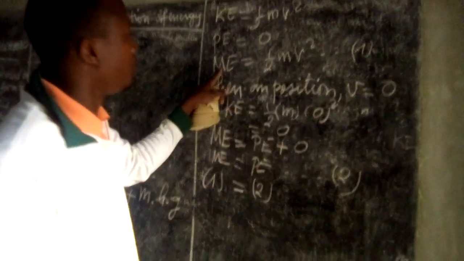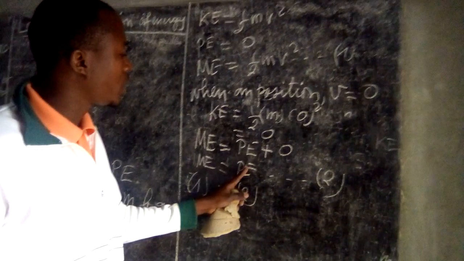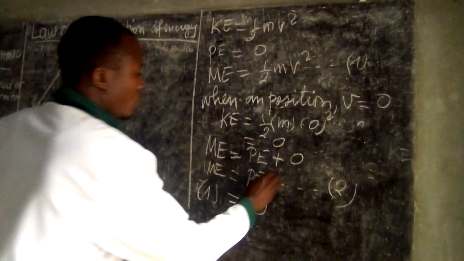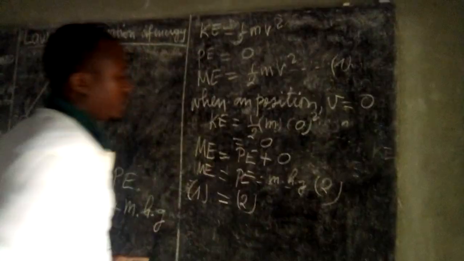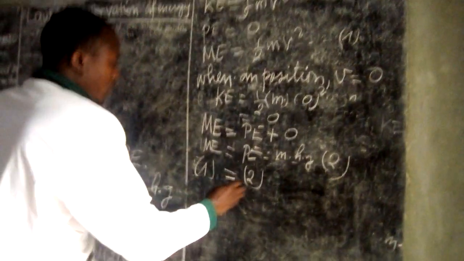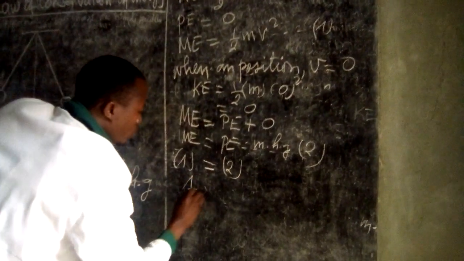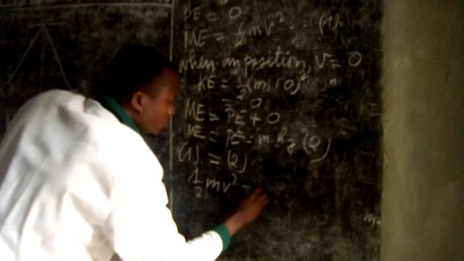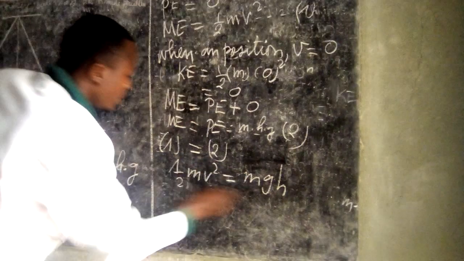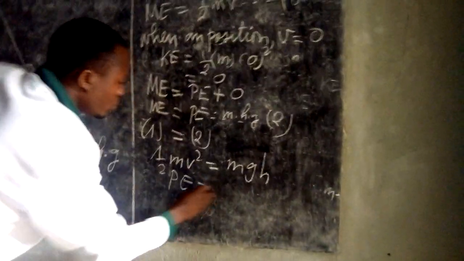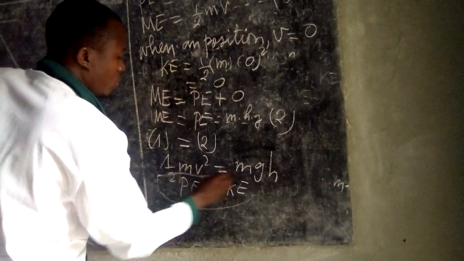Equation number 1, mechanical energy equals 1 over 2 mv squared, and number 2, potential energy equals mgh, or mass times h times gravity. So 1 over 2 mv squared equals mgh. It means that potential energy equals kinetic energy. This is the law of conservation.